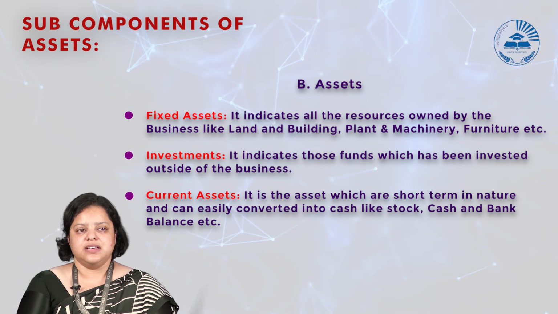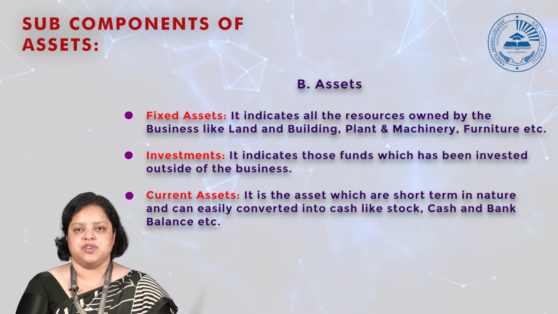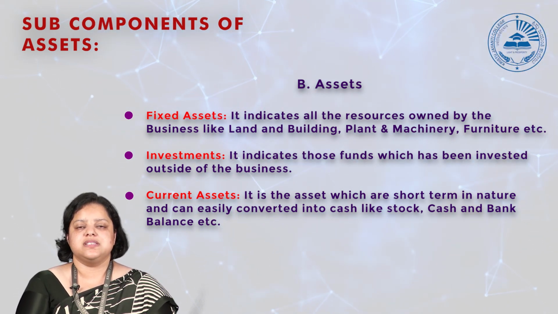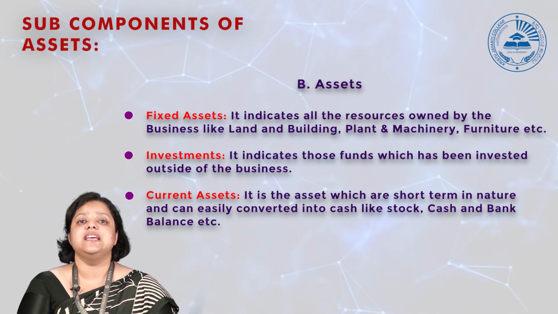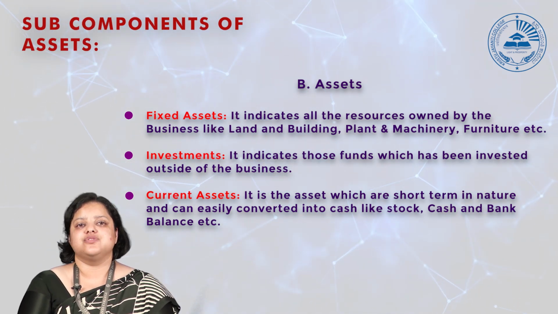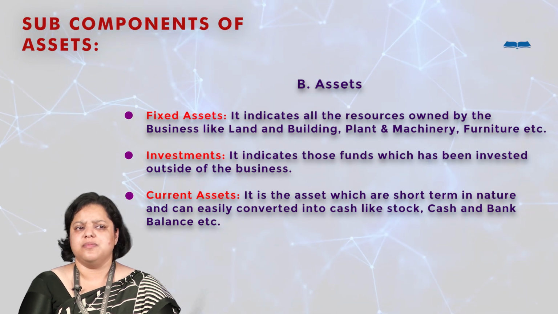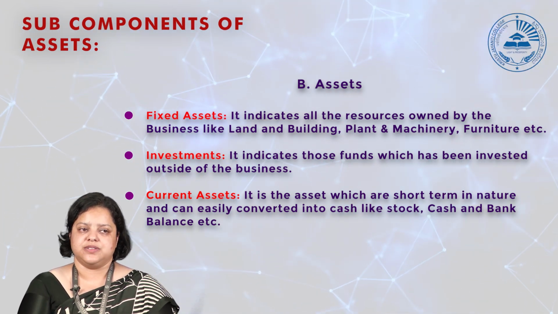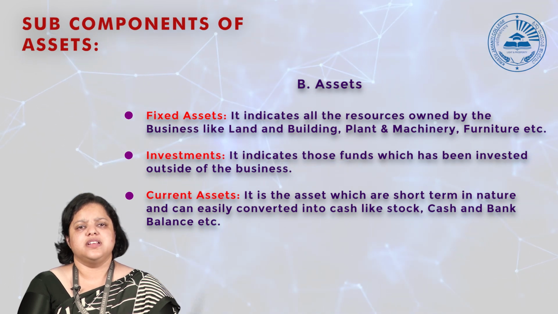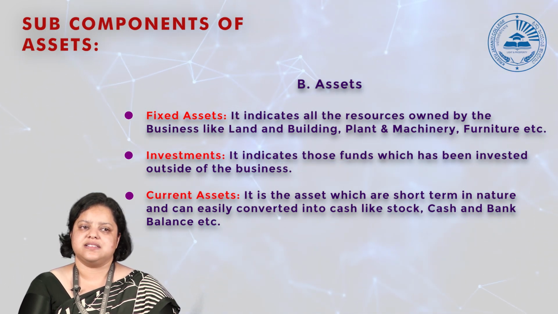The second subheading we are having is investment. Investment means if the company is going to make any investment in any other company, whether it is short term or long term, that comes under investment in the balance sheet. The last subheading we are having is current asset.